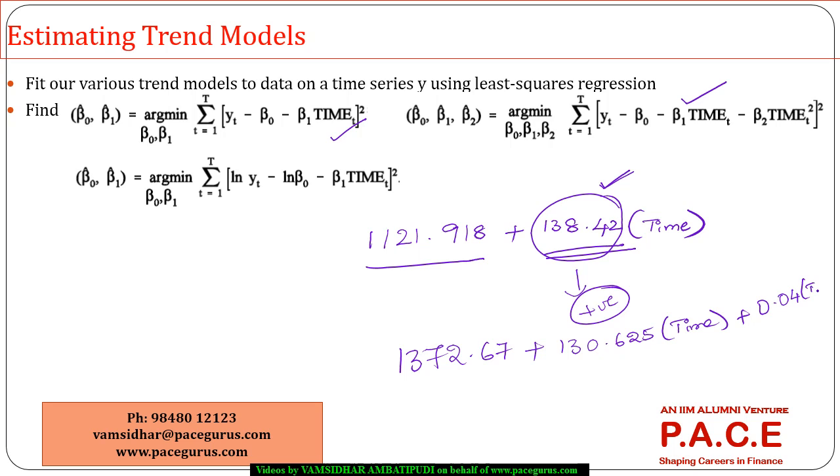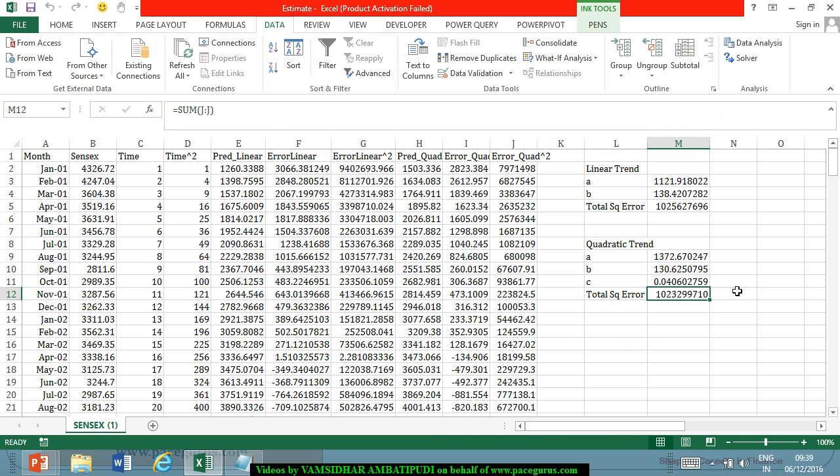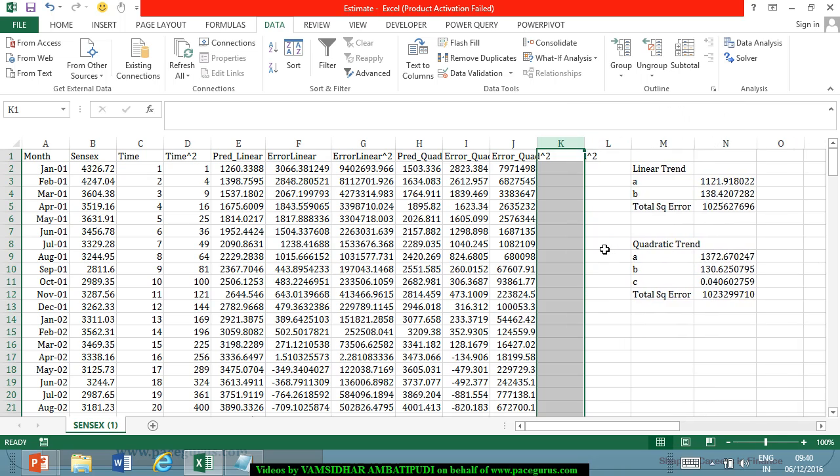So the coefficient for time squared is a very small coefficient, but that is the best possible equation that we have got when we are going with the quadratic trend.